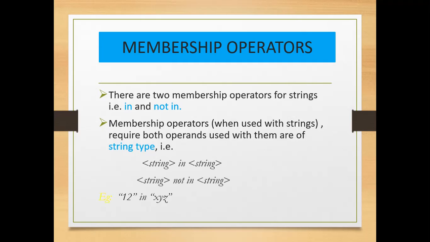So it's like: 'A' in 'cap', 'B' in 'cap', 'B' not in 'cap', 'A' not in 'cap'. Example, '12' in 'XYZ'. Over here, the number 12 is a string because it is in quotes.